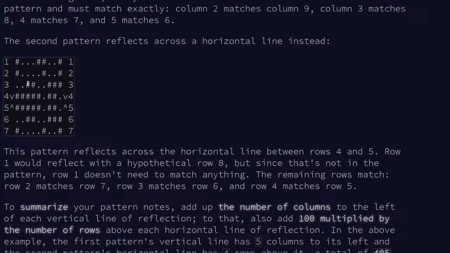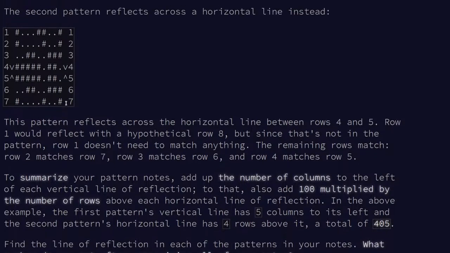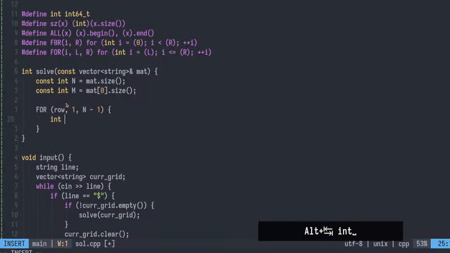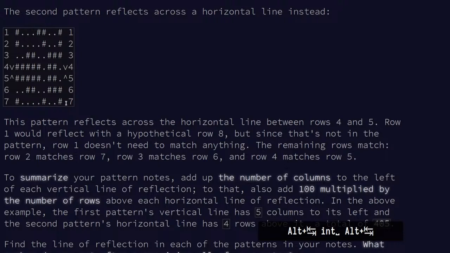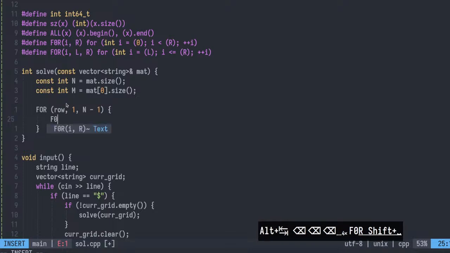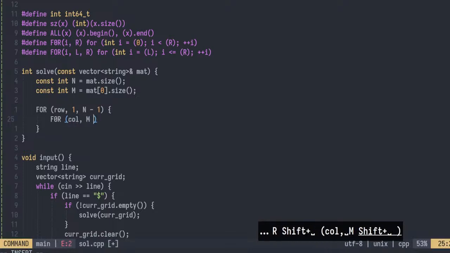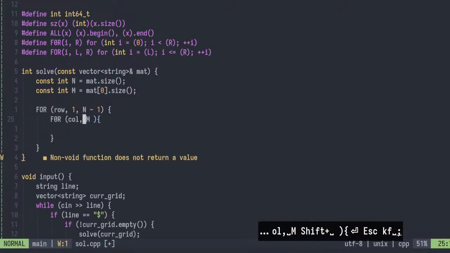And so I'm first checking the answer for horizontal lines. So in this case, we need to do this for all the columns, right? For column 0 to m minus 1.